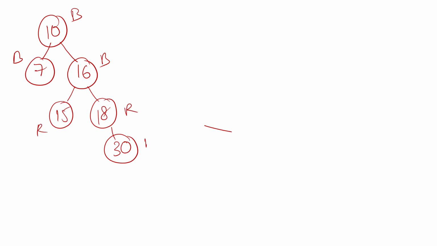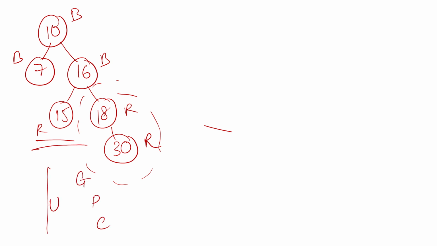Now this will be red as it's the new leaf. So what we observe? Red, red. Uncle is red. We remember this: grandfather, uncle, parent, child. By this we can see uncle is red. Recolor.